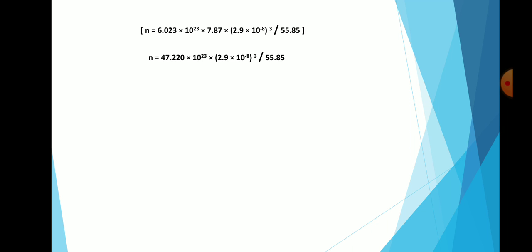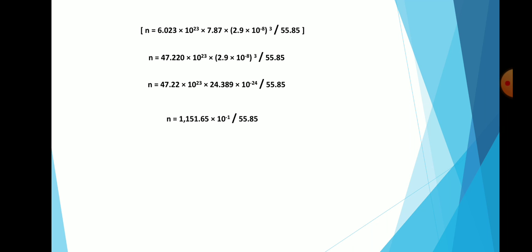In simple form, we have to multiply the values. So 47.22 into 10 to the power 23 into 2.9 into 10 to the power minus 8 cube, whole divided by 55.85. More simply, 47.22 into 10 to the power 23 into 2.9 cube, that converts into 24.389, and minus 8 into 10 to the power minus 24, whole divided by 55.85.